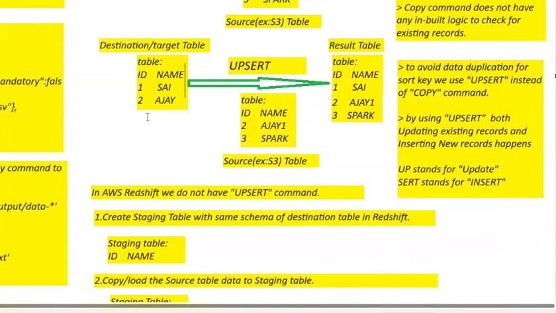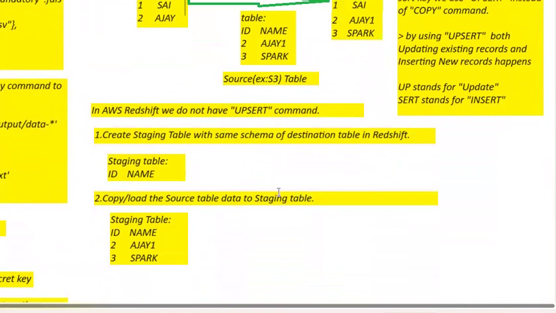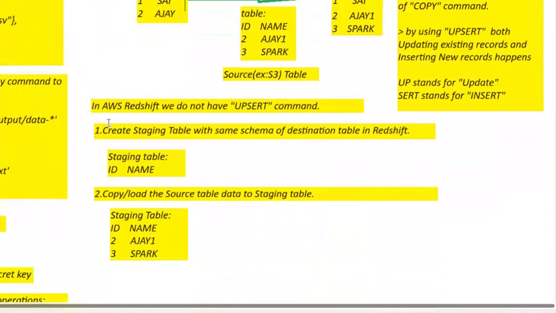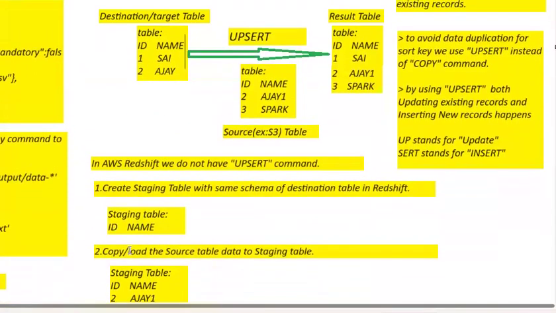If any ID matches where your source data is present in your Redshift staging table, so first you need to check the IDs of your destination table and staging table, and if any match is found for your IDs, this ID is nothing but a unique ID actually.